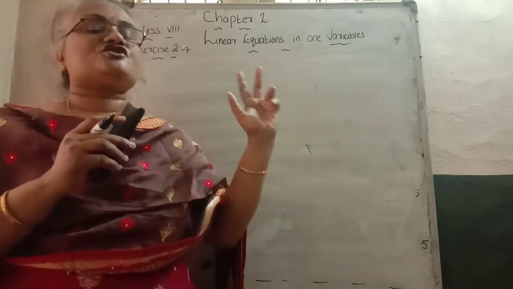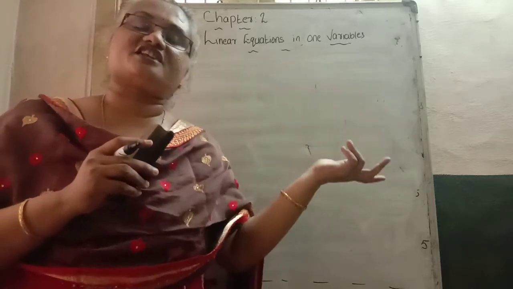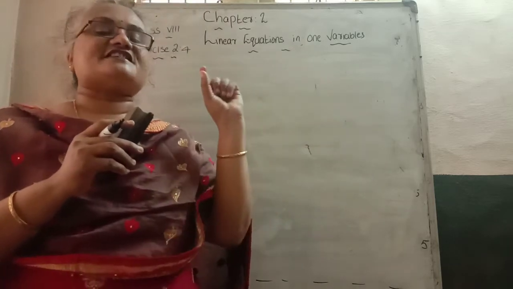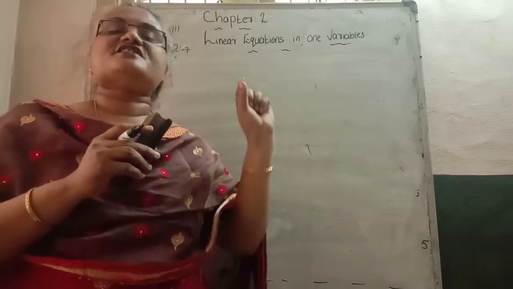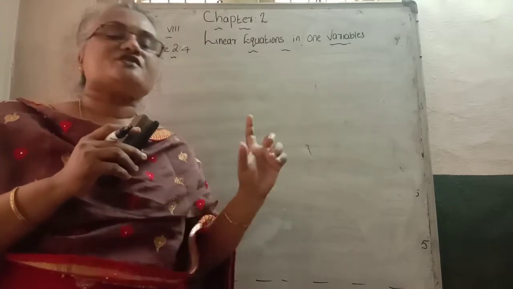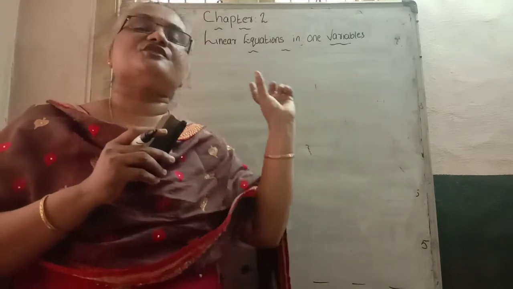For each 2 meters of trouser, he purchased 3 meters of shirt material. Then they say that the cost of 1 meter of trouser is 90 rupees, and the cost of a shirt is 50 rupees.